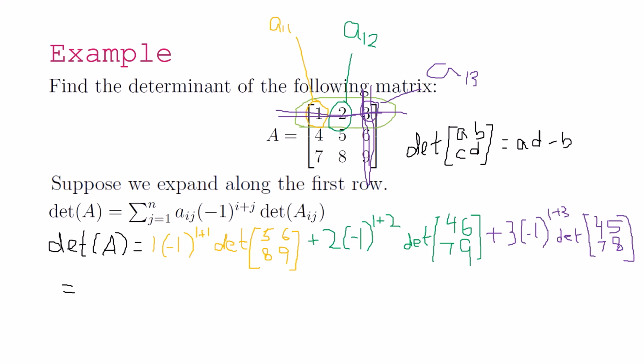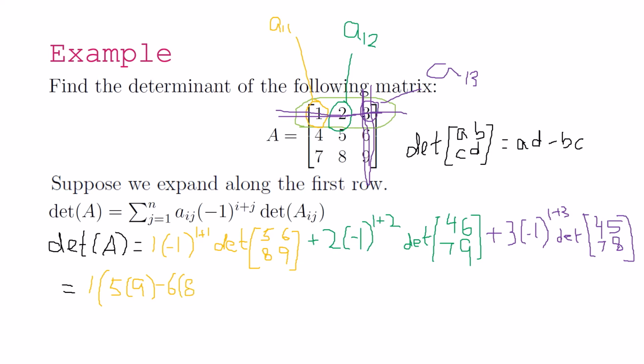So the determinant of our matrix A is just going to be 1 times negative 1 to the 1 plus 1 times the determinant of the matrix with the entries 5, 6, 8, 9. So this is going to be 5 times 9 minus 6 times 8.